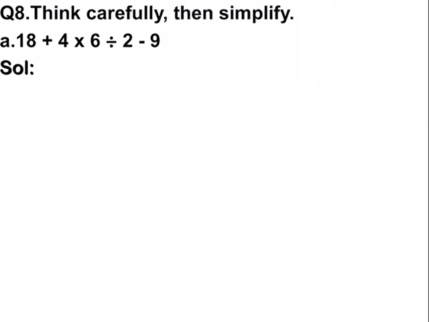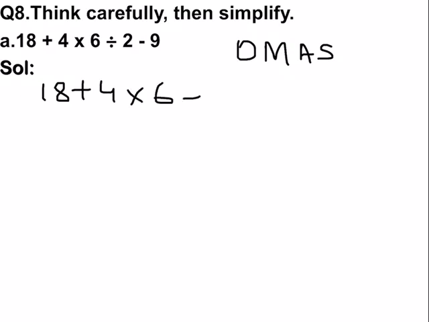Now question number 8. And question number 8 is, think carefully then simplify. And part A. The value of part A is 18 plus 4 multiplied by 6 divided by 2 minus 9. Student, this question we will solve according to DMAS. 18 plus 4 multiplied by 6 divided by 2 minus 9.